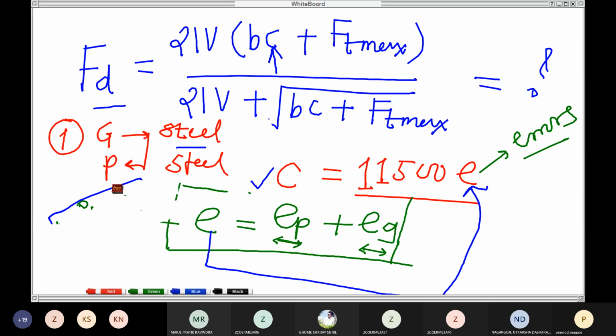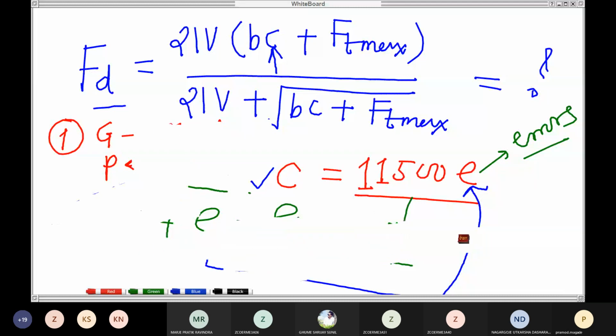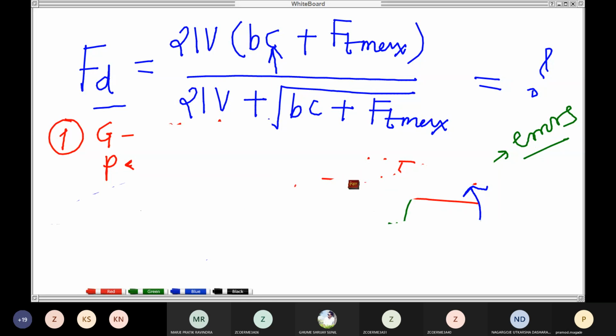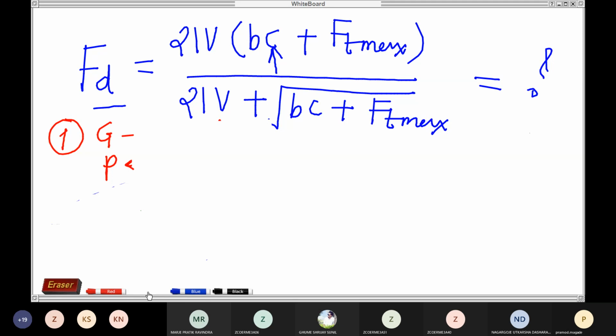Okay, second condition. Write down, when gear and pinion are made up of cast iron. So I'll write directly in short.